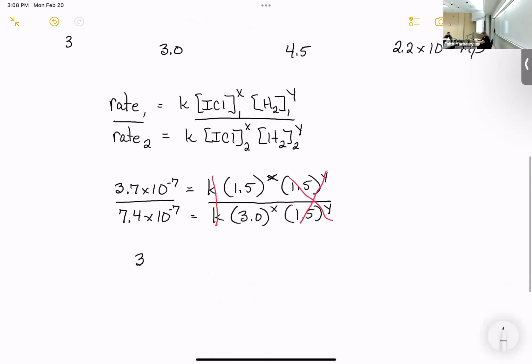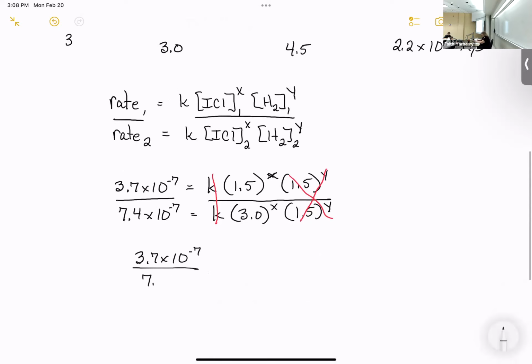So this becomes 3.7 times 10 to the minus 7 over 7.4 times 10 to the minus 7 is equal to 1.5 over 3 raised to the power of x. When you key in the left-hand side, it's 0.5. That is equal to 0.5 raised to the power of x.